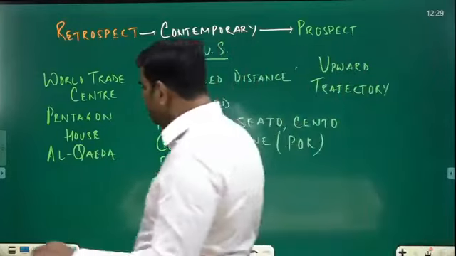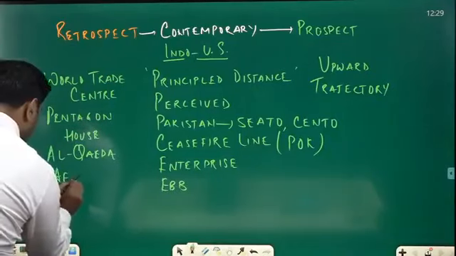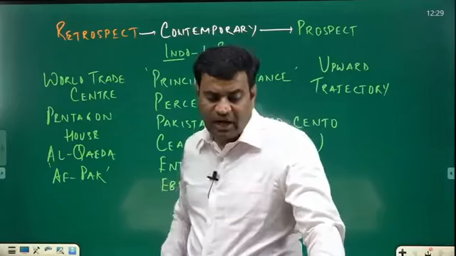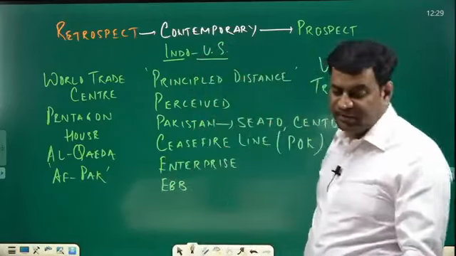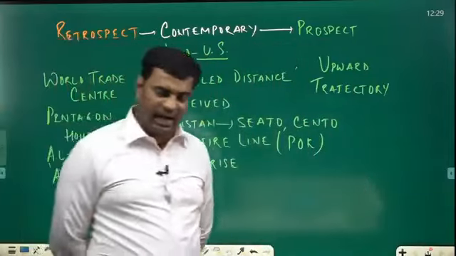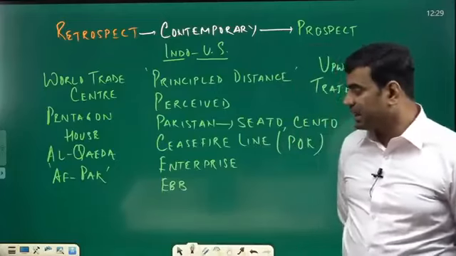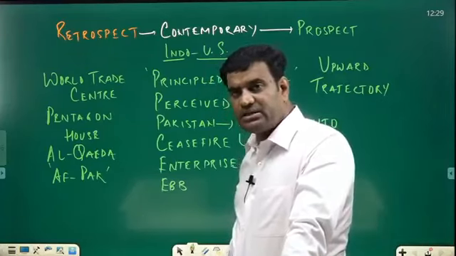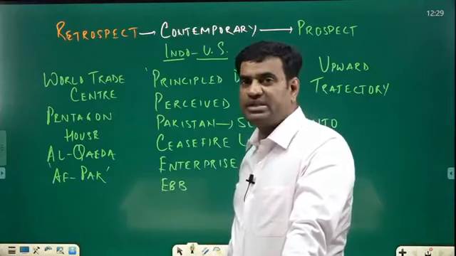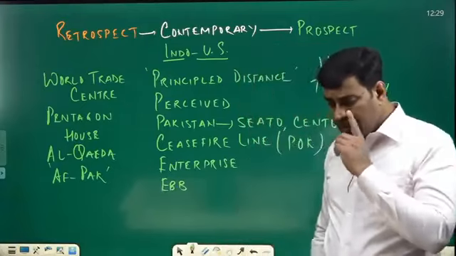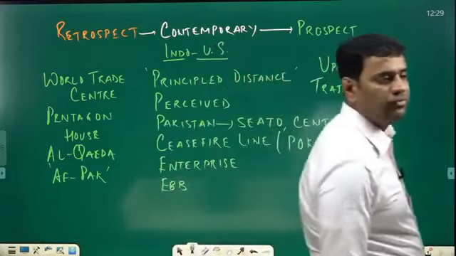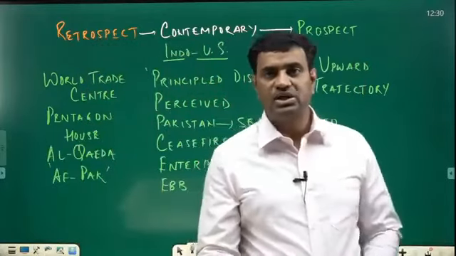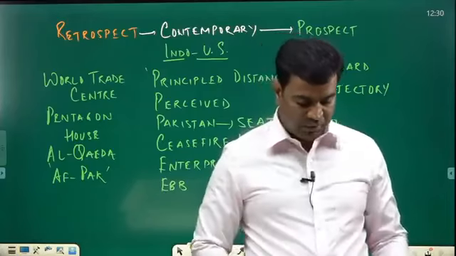Moreover, United States identified the regions of Afghanistan and Pakistan, AfPak region, as epicenter of global terrorism, and began to move away from Pakistan.